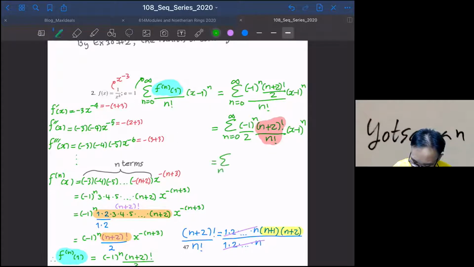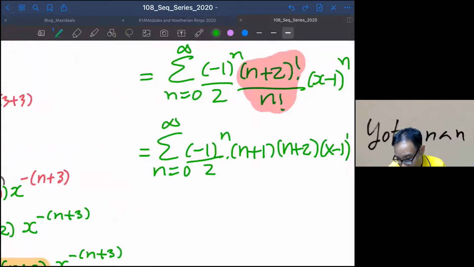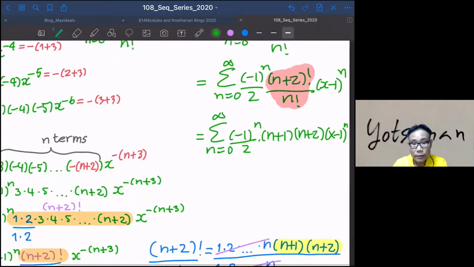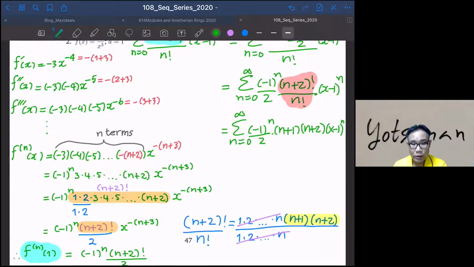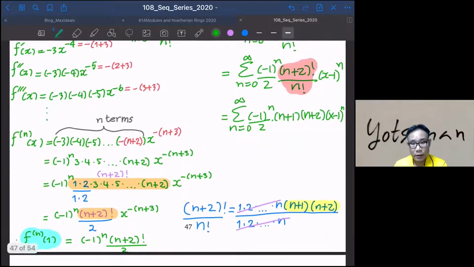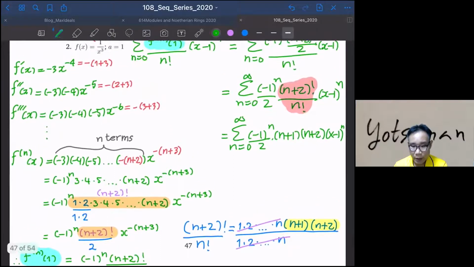So it's going to be the series n equal to 0 to infinity of (-1)^n over 2 times the yellow guy, which is (n plus 1)(n plus 2), and you have (x minus 1) to the n. So this one will be just the power series that we are looking for.